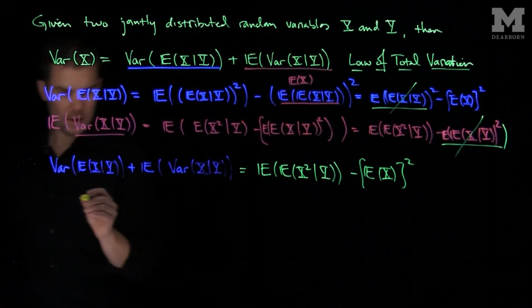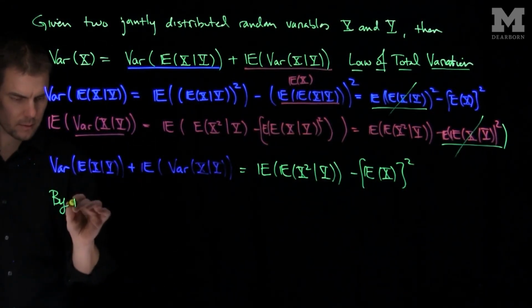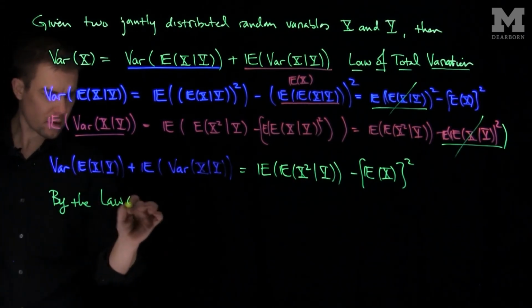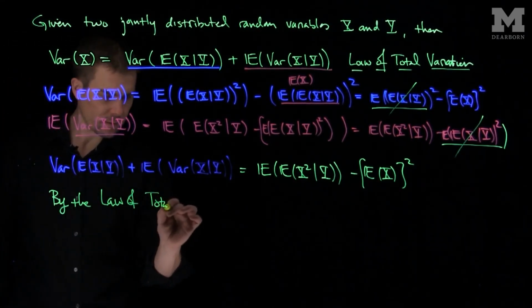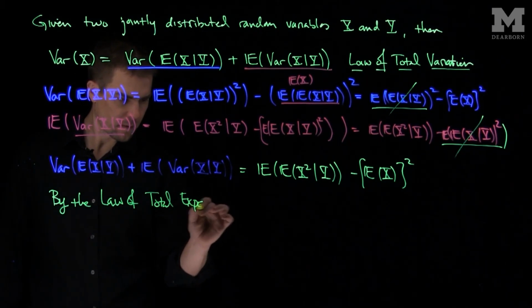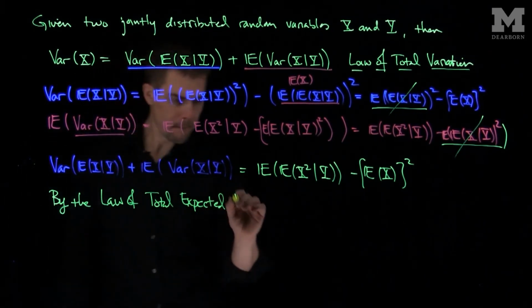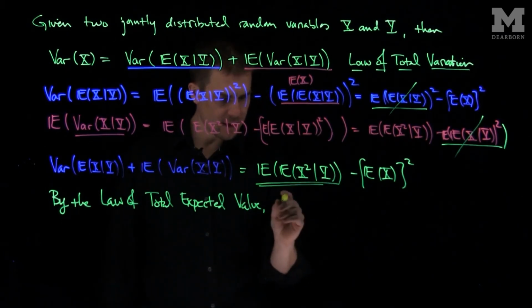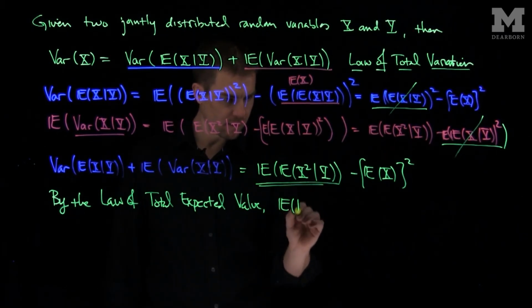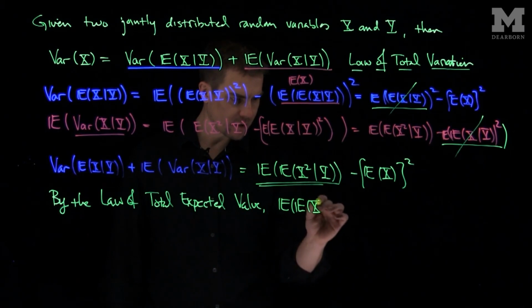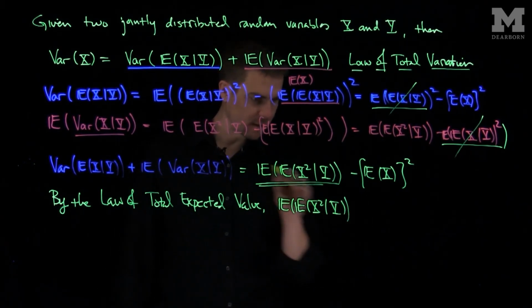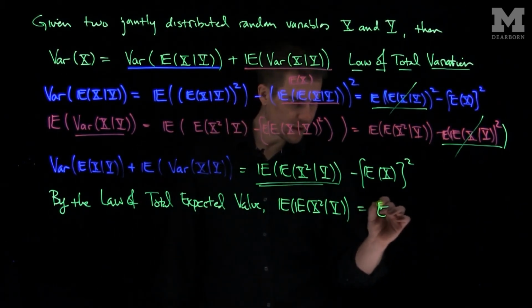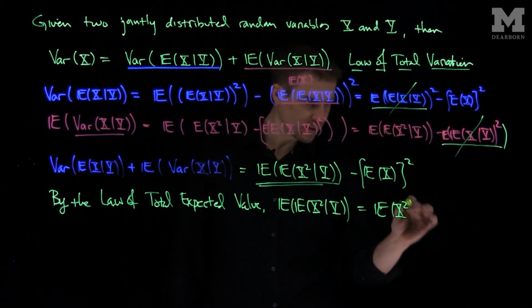And now, by the law of total expected value, that conditional expected value is exactly equal to the expected value of X squared.